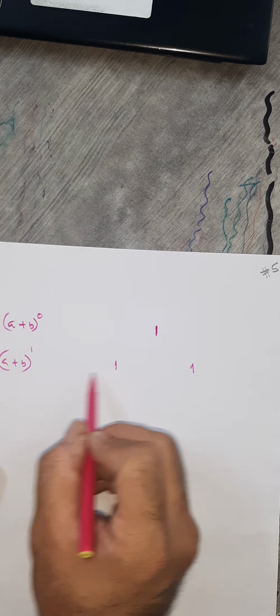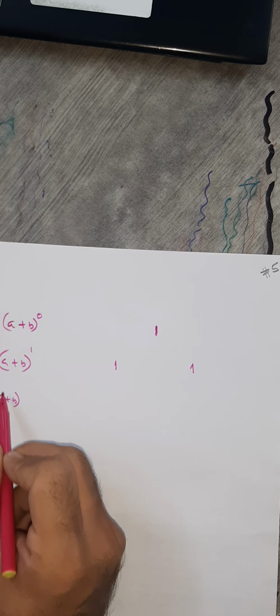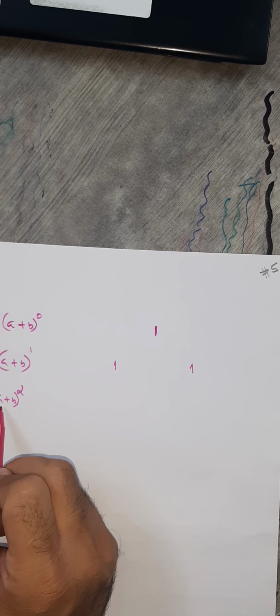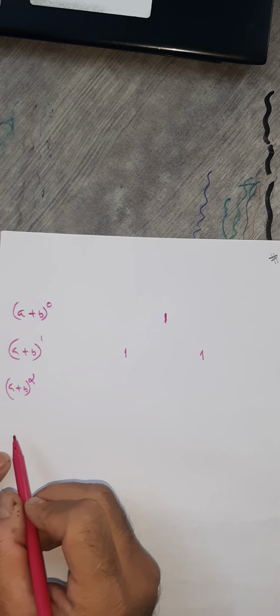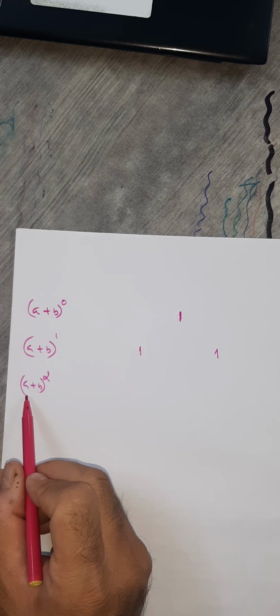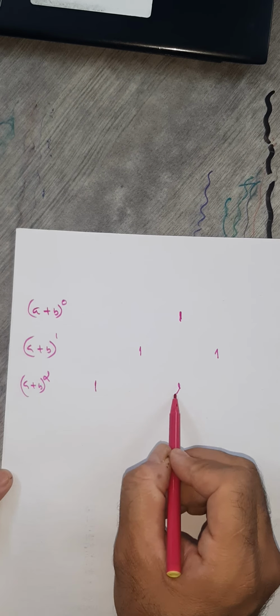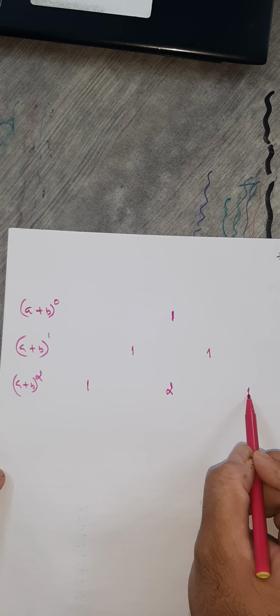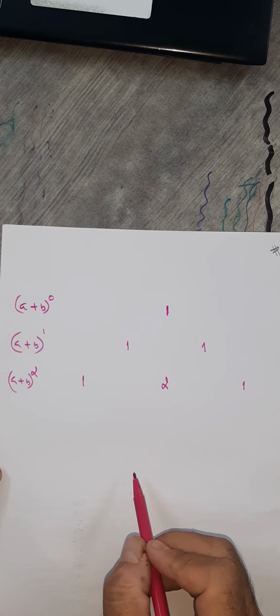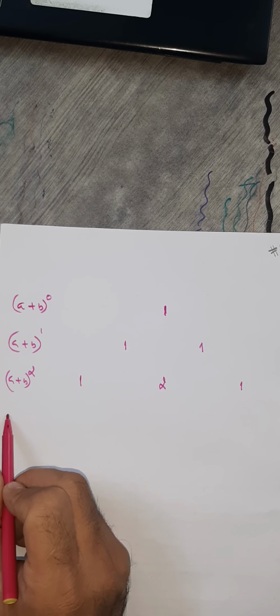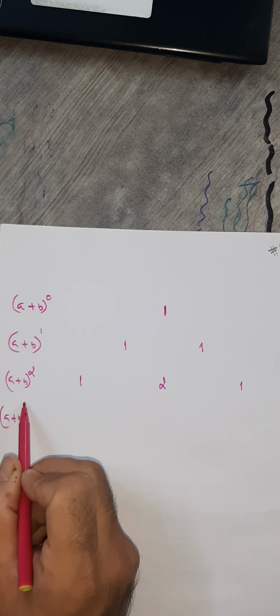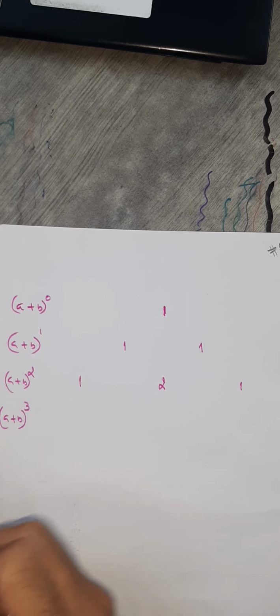If I write a plus b whole square, what are the coefficients? 1, 2, 1. So 1, you add this to 2 and then here 1. If I write a plus b whole cube, you will notice that the coefficients are here.